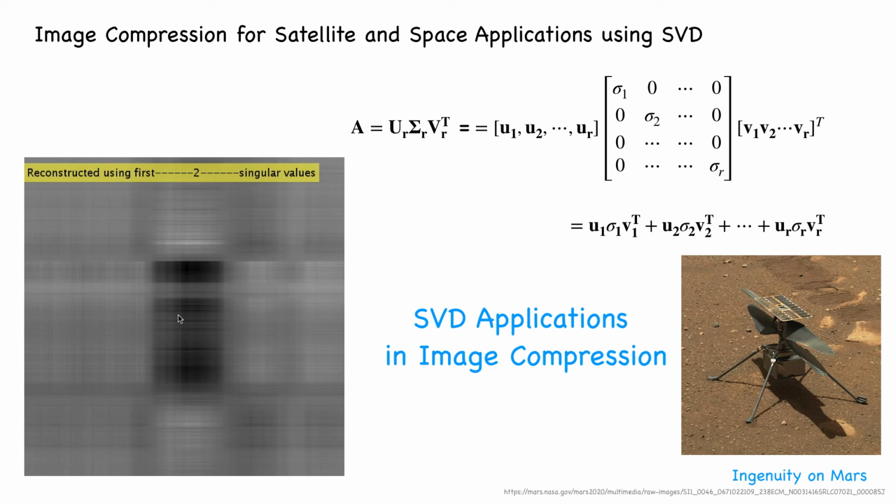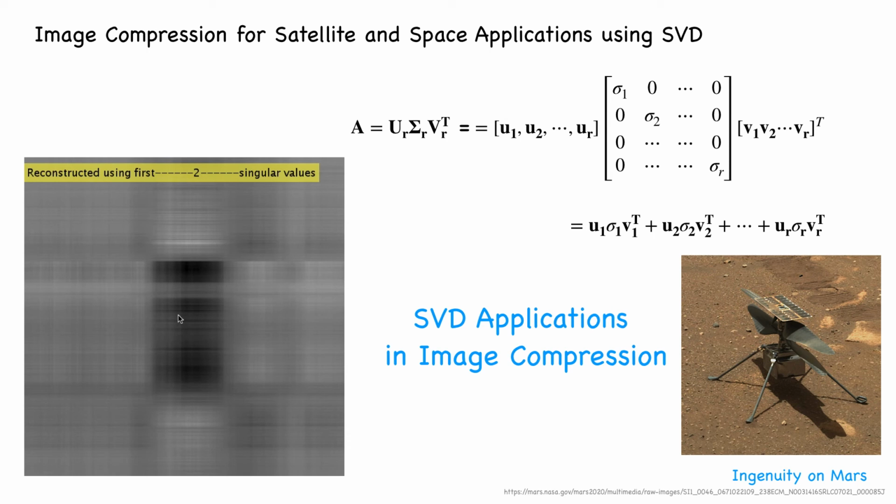The primary motivation is in satellite or space applications, where there is a lot of data and it is harder to send the data from the satellite. So is it possible to compress by taking a limited number of singular values? The idea is, rather than taking all the singular values, take the first few largest singular values and construct the matrix out of them.